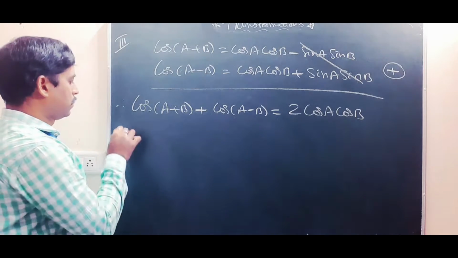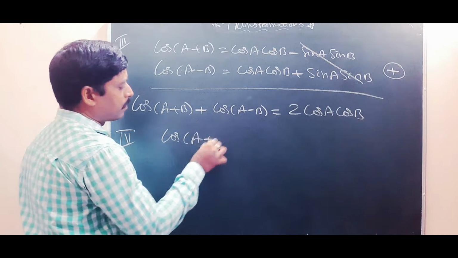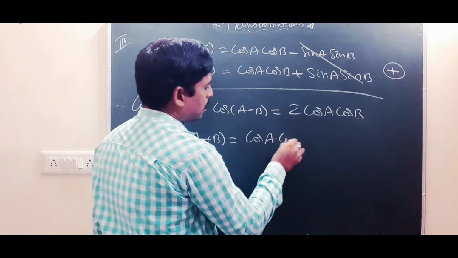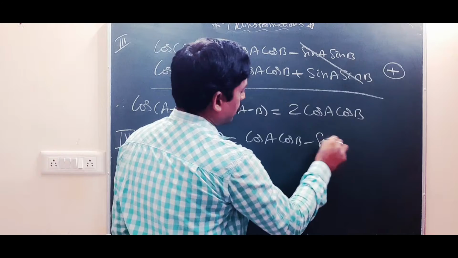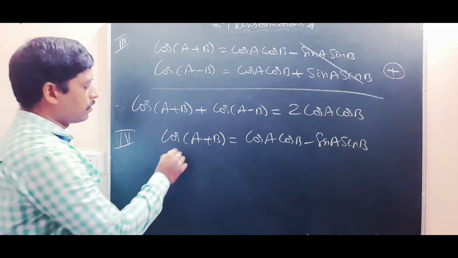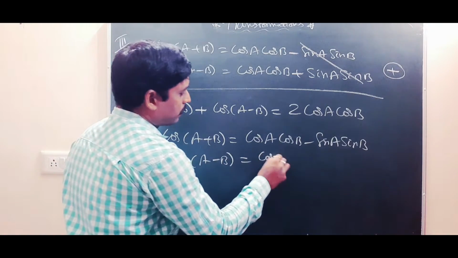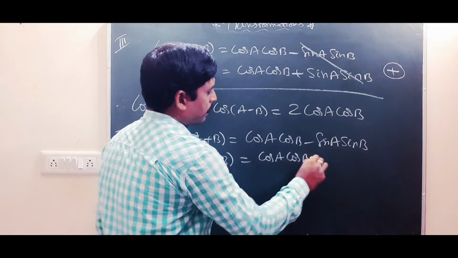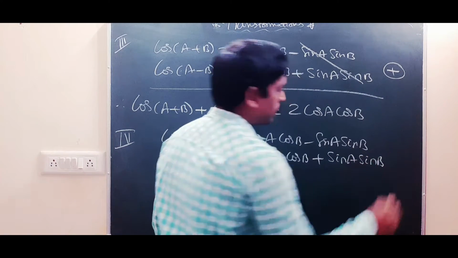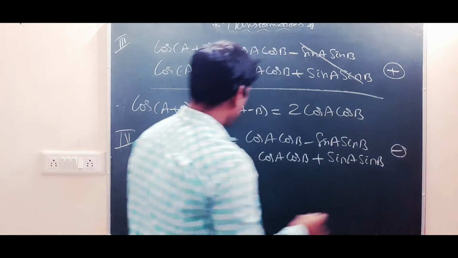Okay, now I explain the fourth formula. We have the cos(A+B) formula. Okay, let us take the same equations. Cos A cos B - sin A sin B. Cos(A-B): we have cos A cos B + sin A sin B. Okay, in the second case, let us do subtraction of these two equations.